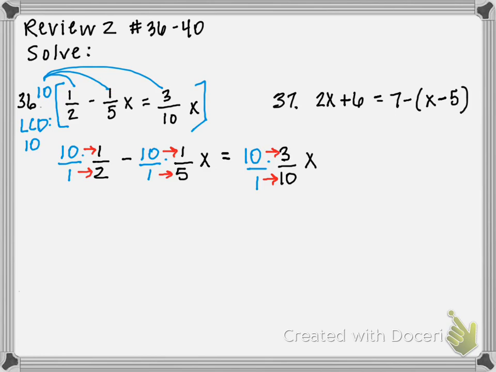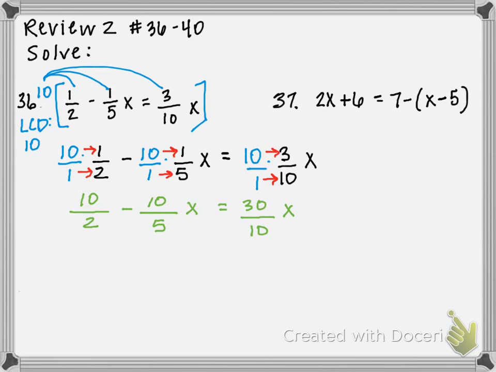So if we do 10 times 1, we'll have 10 over 1 times 2 is 2. Minus 10 times 1 over 1 times 5, but what we don't want to forget is to bring down that x. If you lose your x, things will not work out correctly. 10 times 3 is 30, over 1 times 10 is 10, and again, bring down that x.